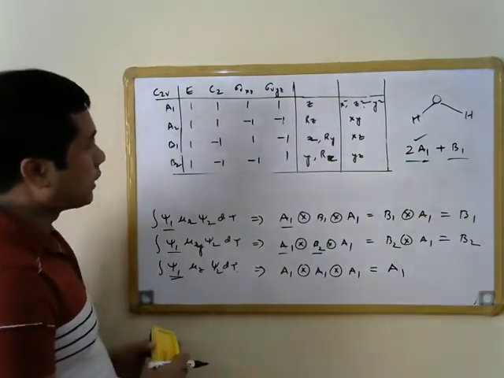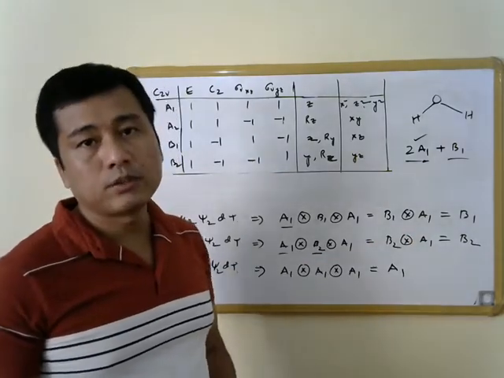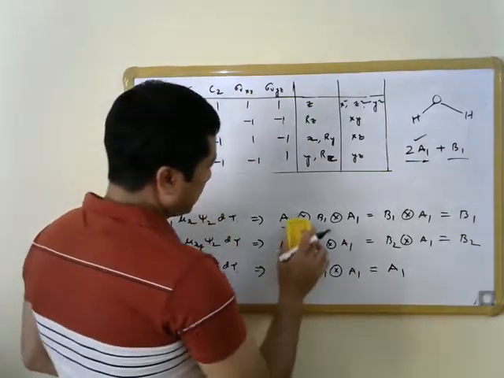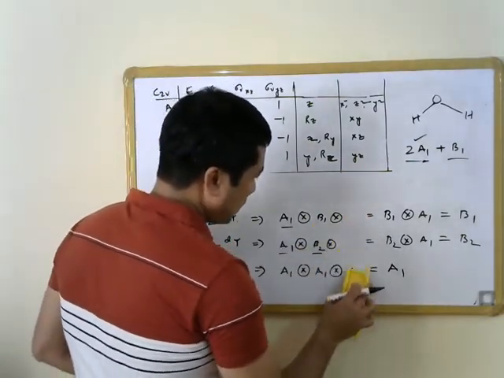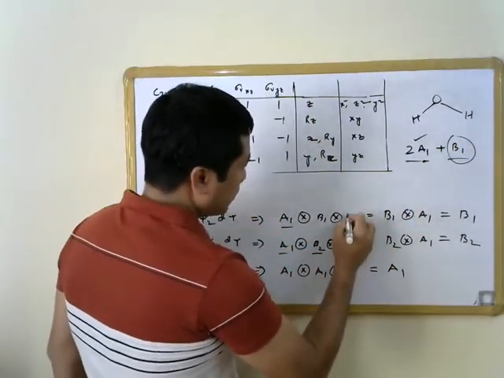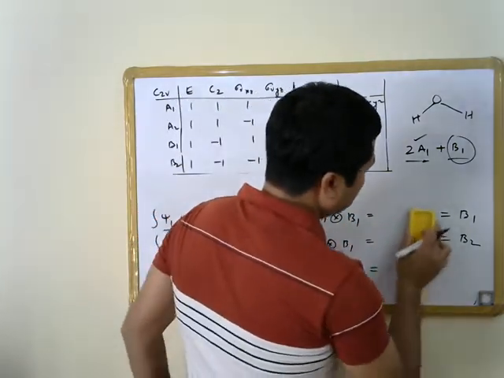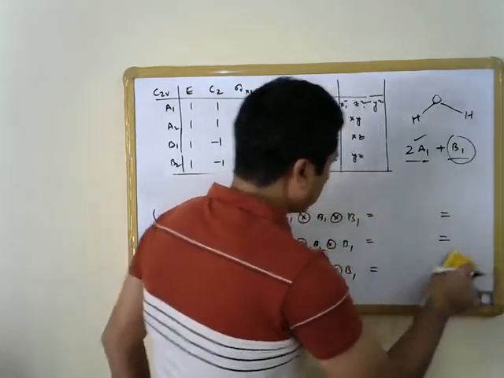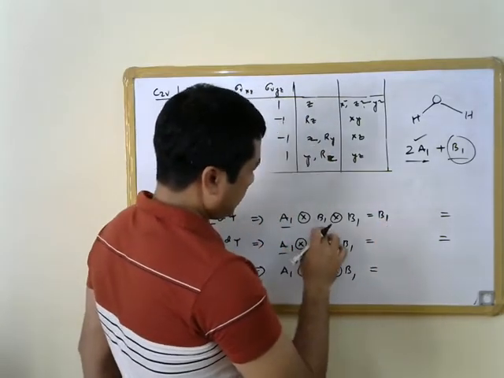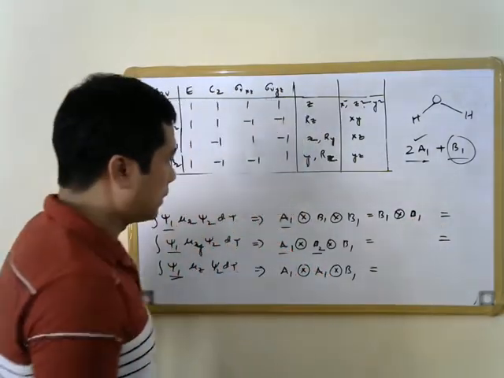So now let us find out whether the other vibrational mode, that is the B1 vibrational mode, is IR active or it is IR inactive. So for that what we have to do is change the symmetry of the vibrational mode over here. So we write B1, B1 and B1 over here, and let's figure out the answers for these direct products. So A1 into B1 is going to be equal to B1, we know, and cross B1 over here.